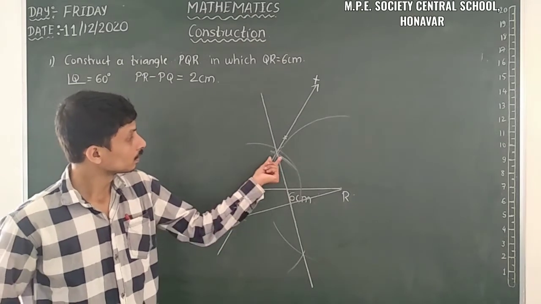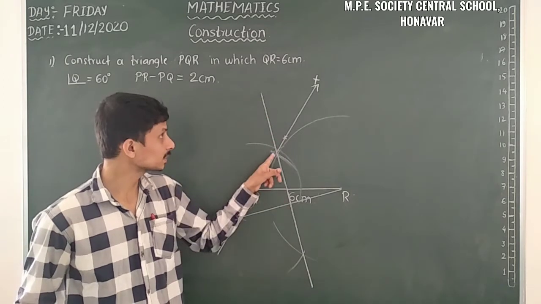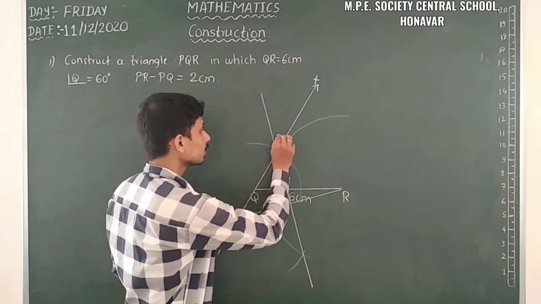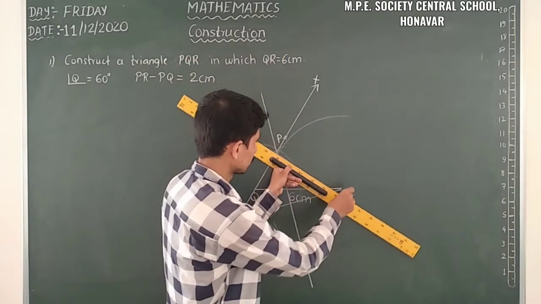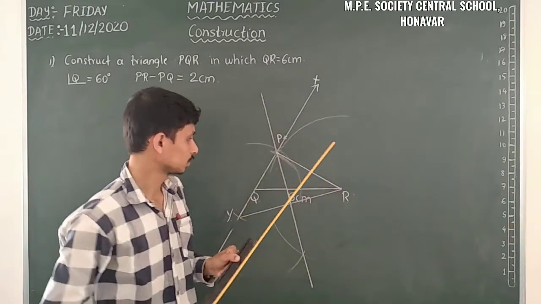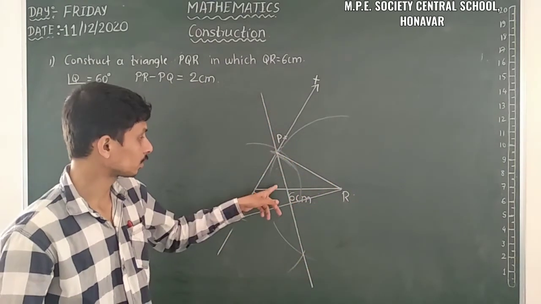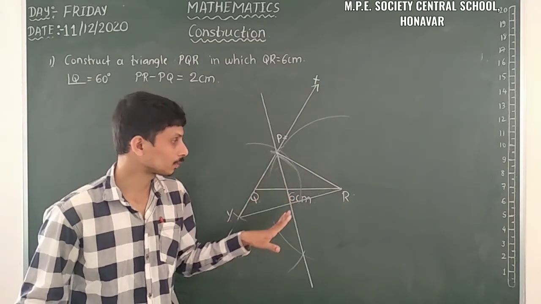This perpendicular bisector intersects BX at P here, so then we have to join PR. We have to join PR here. So then PQR is our required triangle.